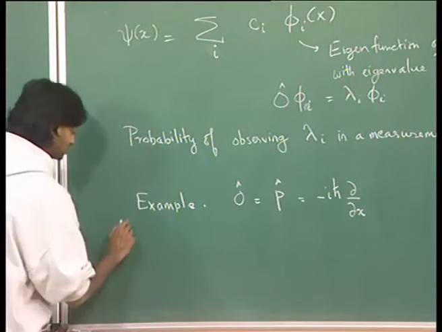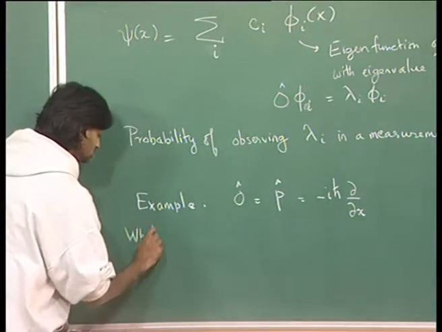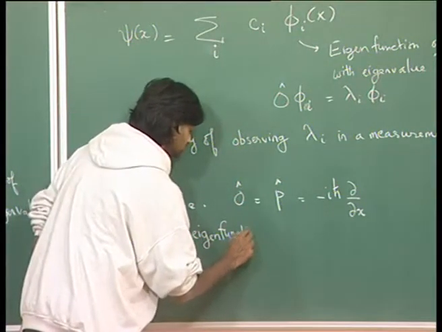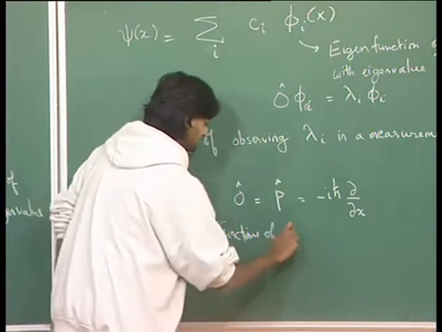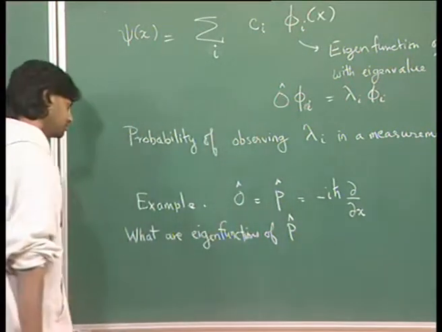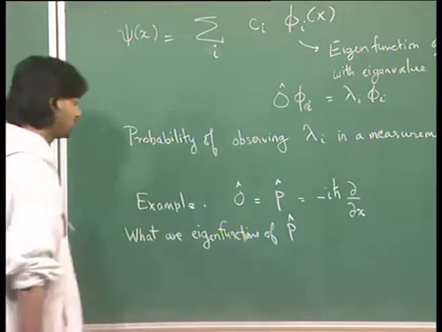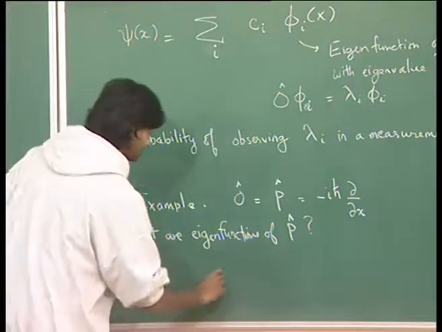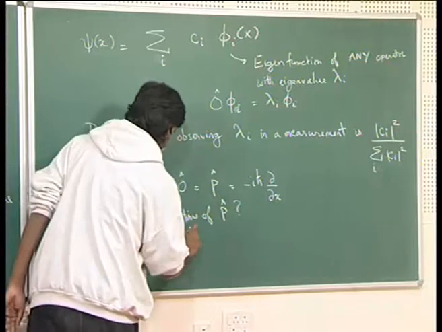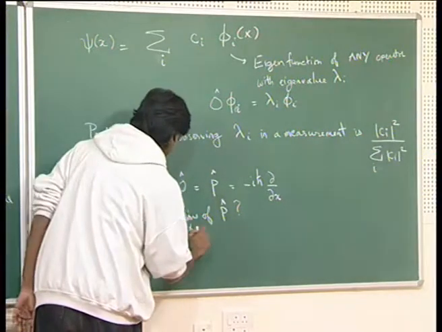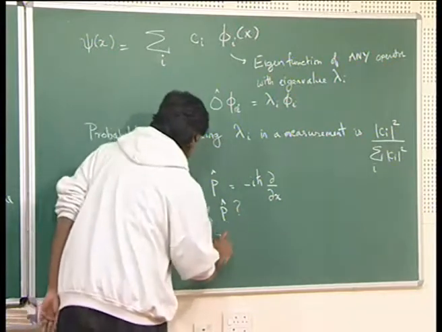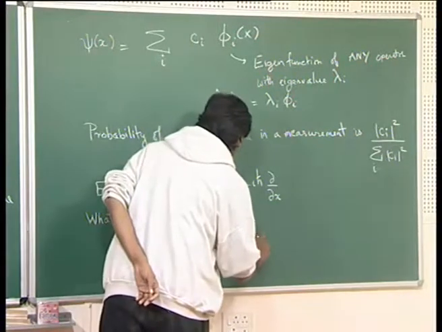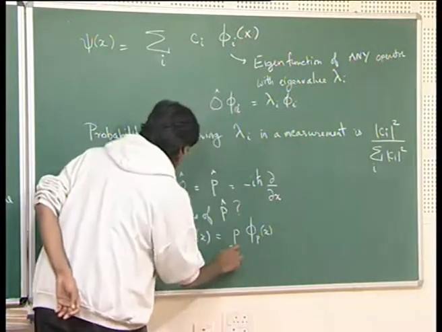So, what are the eigenvalues and eigenfunctions of the operator? The general form is the following. The P operator operated on phi P of x is equal to the eigenvalue, which I will just call P, times phi P of x. This is the eigenvalue.